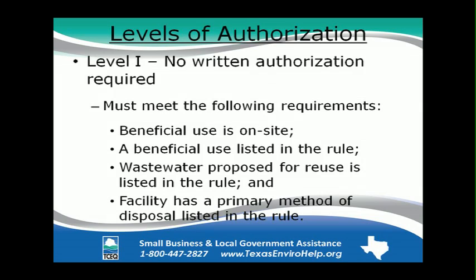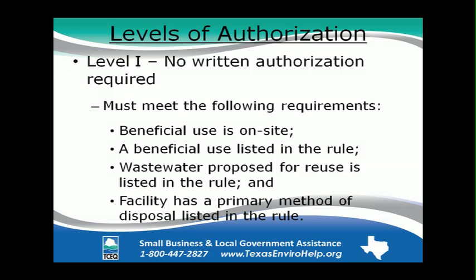Again, a level 1 authorization does not require authorization from us, but you would have to contact your local wastewater treatment facility, so you're in their hands. If your water comes out to be a level 1, no authorization is required from the state, TCEQ. But if you're level 1 and you want to reuse that water, it has to be a beneficial use.